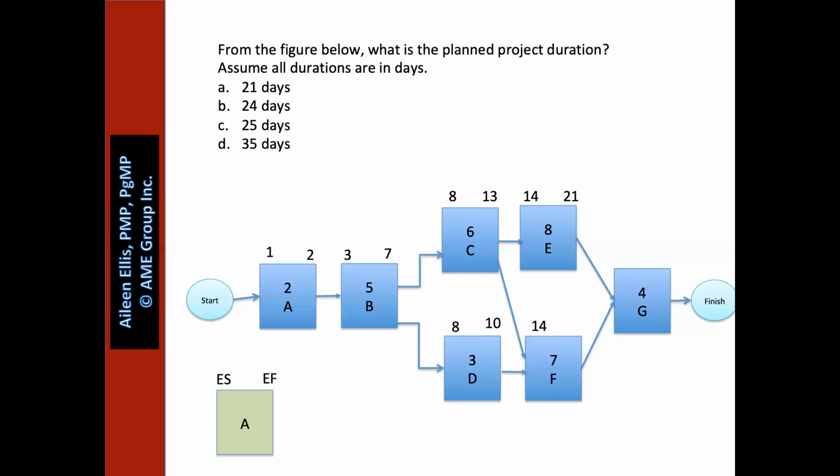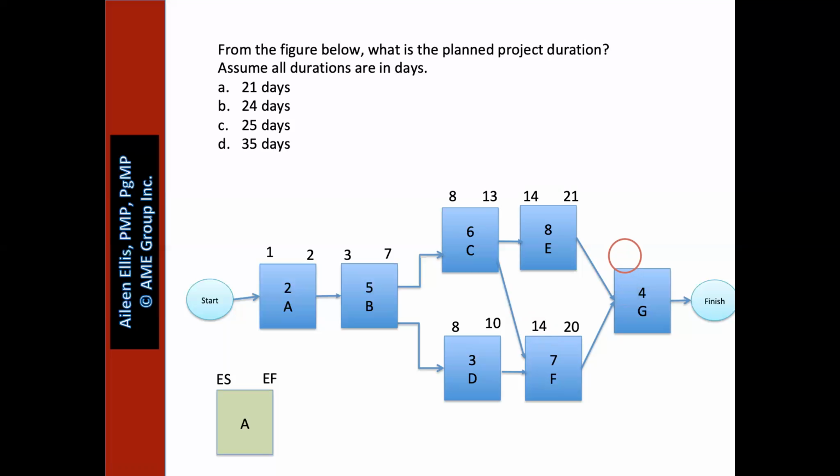If F starts on day 14 and it's 7 days long, it can finish on day 20. That's the earliest it can finish. Now we're moving to activity G, and we're wondering what's the earliest G can start.